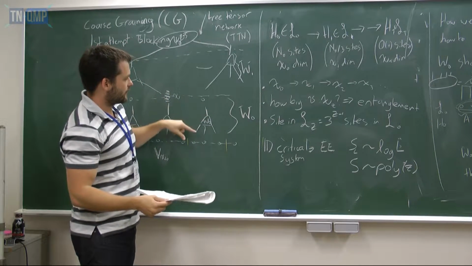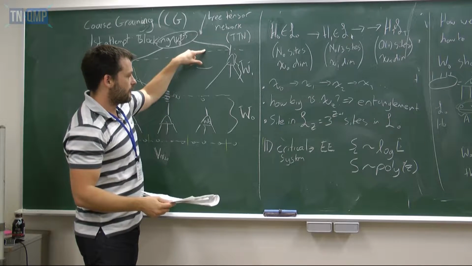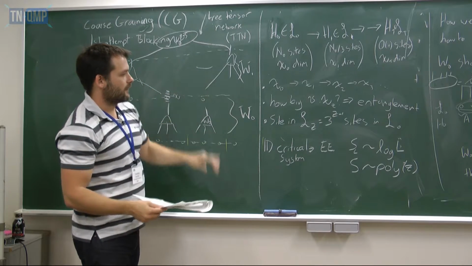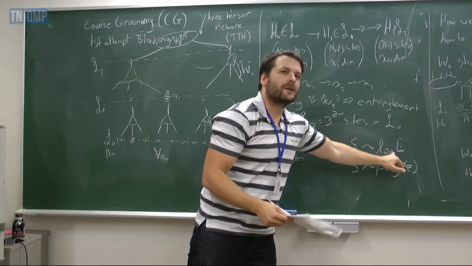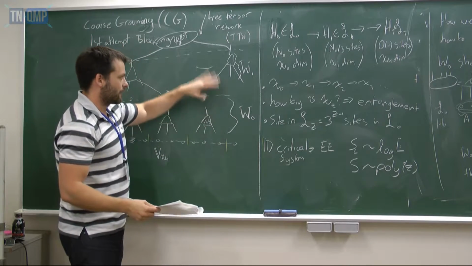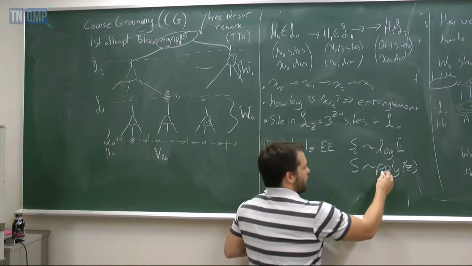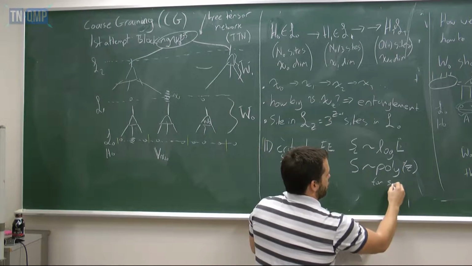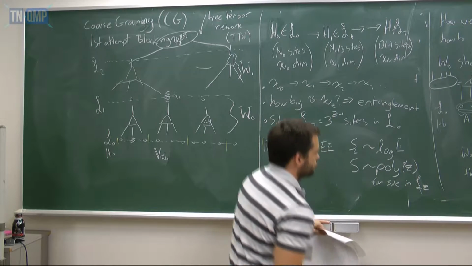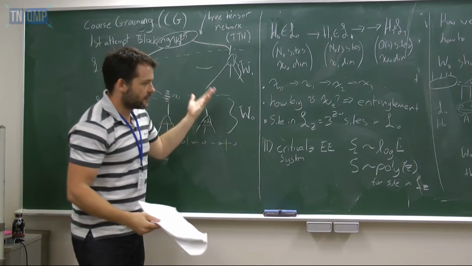Each time I go to a higher scale, I'm exponentially increasing the size of my block, but the entanglement entropy scales logarithmically in the size of my block. So the combination of exponential scaling of the size versus logarithmic scaling of entropy gives us this polynomial for a site in Lz. So the entanglement entropy of single sites is increasing polynomially.